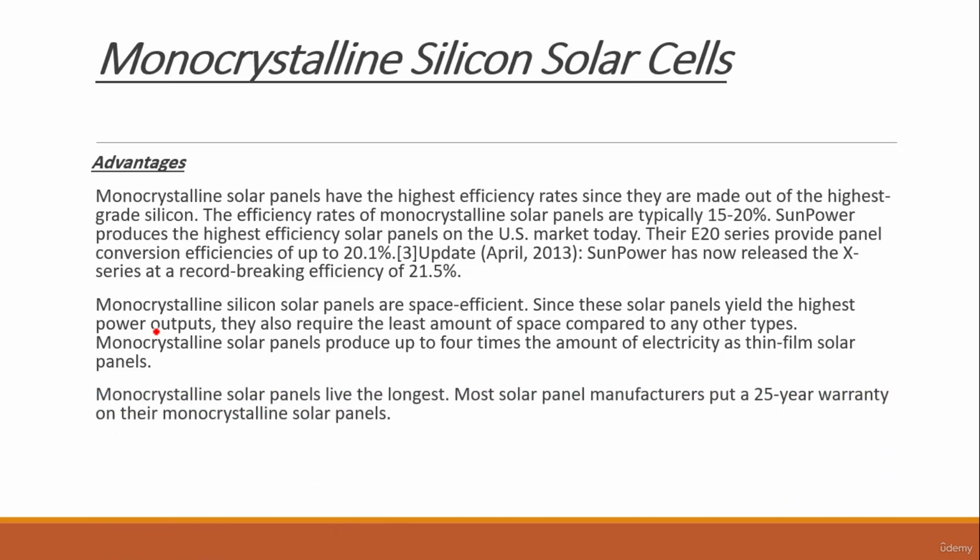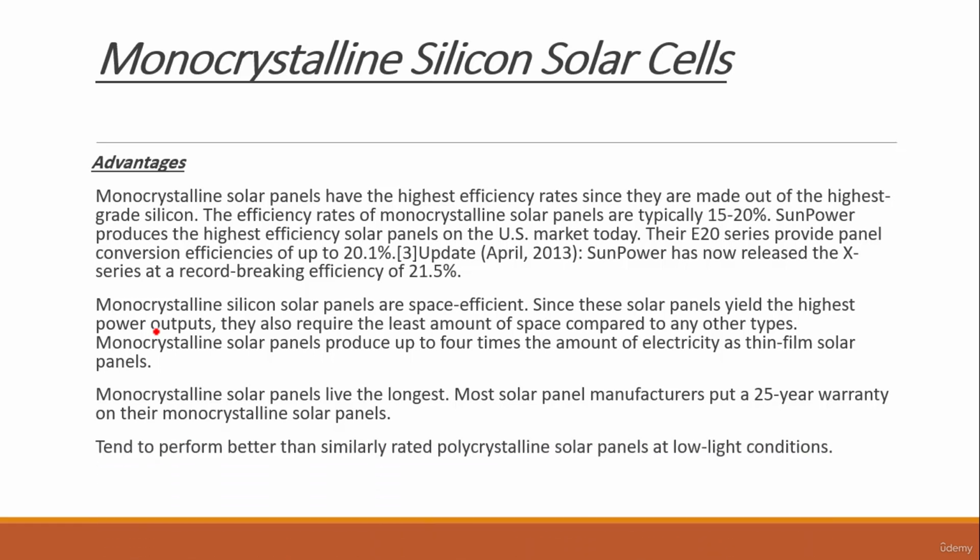Monocrystalline solar panels live the longest, with the longest lifespan and warranty time, up to 25 years. They tend to perform better than similarly rated polycrystalline solar panels in low light conditions.